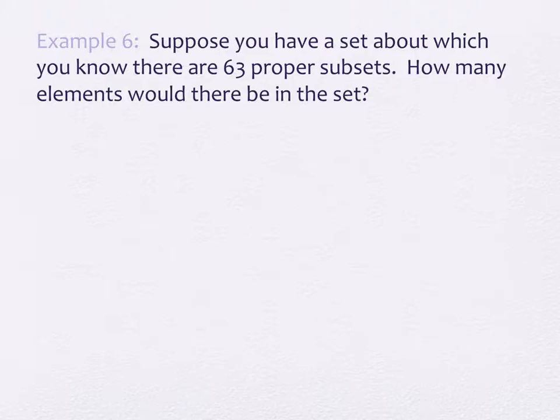You with me? n is the number of elements, and that's what we do not know. We're looking for the n part of the 2 to the n. But we're told how many proper subsets we have, so we're told something about 2 to the n minus 1. It's equal to 63.